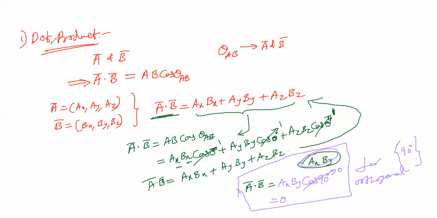Next, look into the different laws obeyed by the dot product. The first one is the commutative law: A bar dot B bar equals B bar dot A bar.